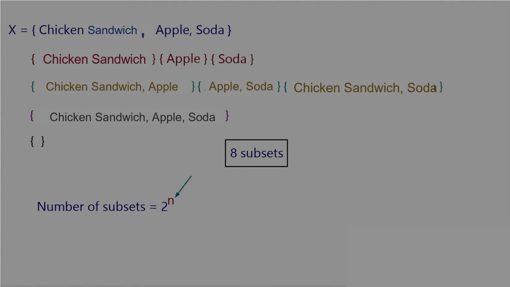N is the number of elements of the set. And as you can see, there are 3 elements of the set X. So we can write 2 raised to the power of 3. And that will give us 8 subsets.